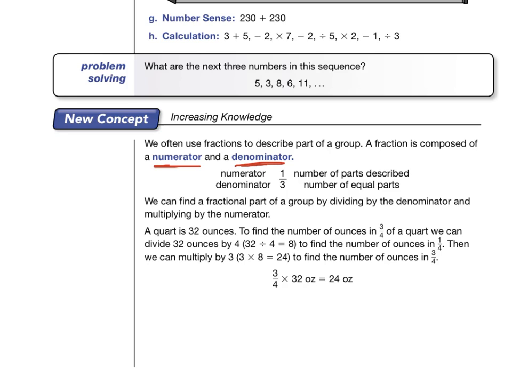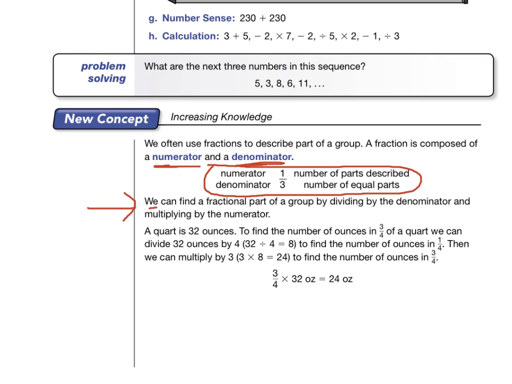The numerator is the top number in a fraction, and that tells the number of parts they are describing. The denominator is the bottom part of a fraction, and that tells the number of equal parts in the group.